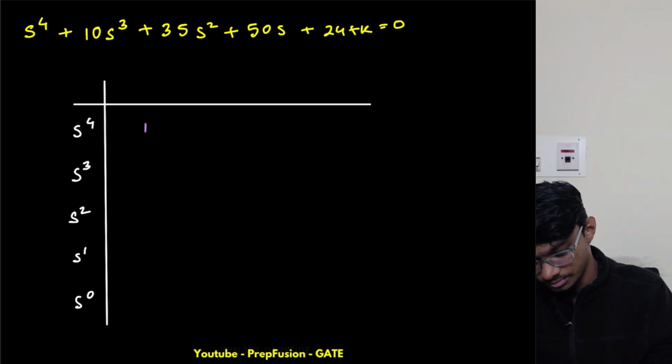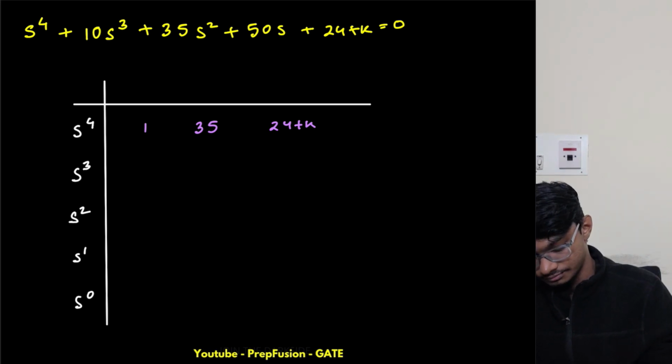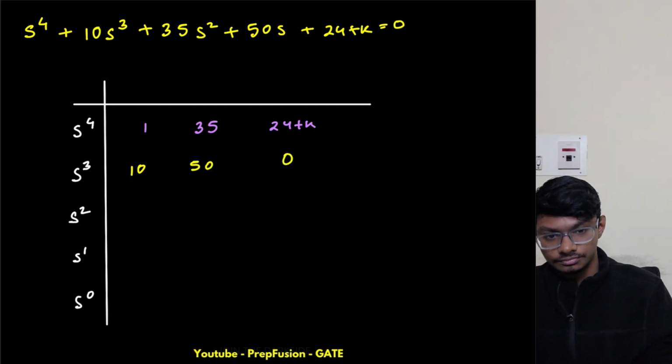And this will be 1, this will be 35, and this will be 24 plus k. And in the bottom, what do I have? I have 10, 50, and this is 0.